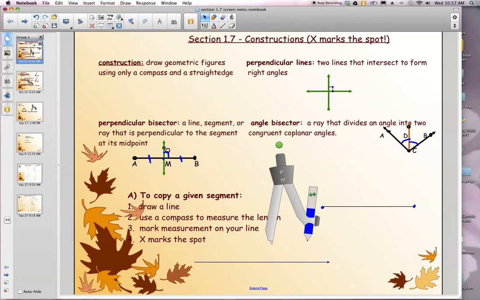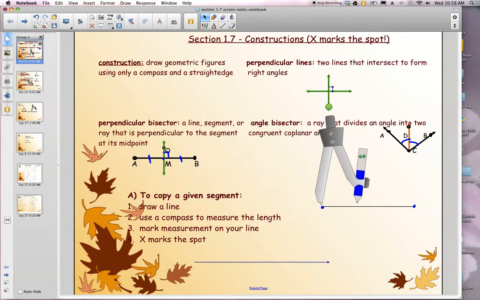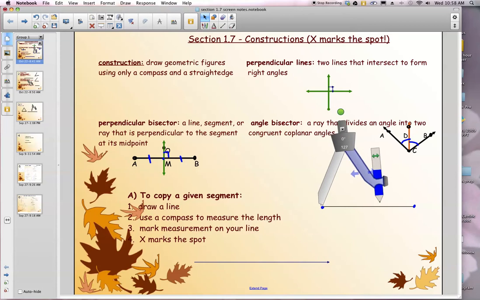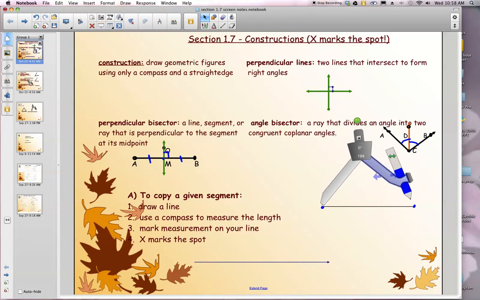Then we're going to learn how to use our compass to measure lengths. So you're going to take your compass and put the pointy end right on the end of the segment, and then put the other end on the other end point. Okay, so use your compass, and what you're going to basically do is stretch it out and put it on the end points.